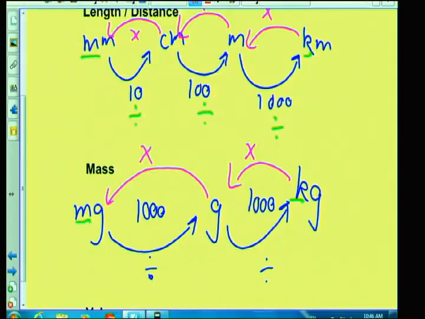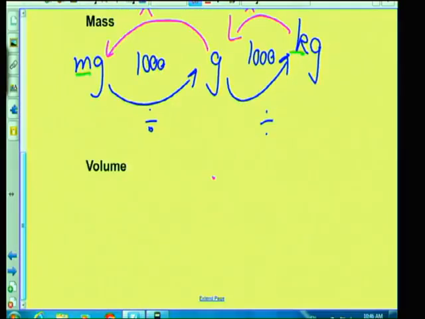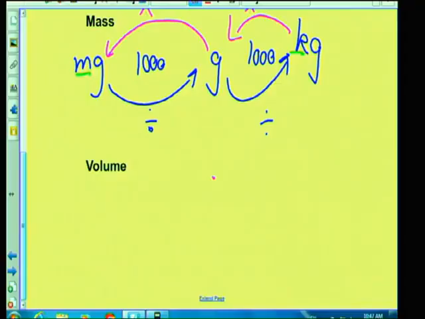Okay. Now, the next thing is volume. Now, there were 2 ways of measuring volume. It depends on what you're measuring. Usually if we're measuring liquids and we're measuring things that can pour and have capacity, that fill an object, that sort of measurement, we use the following system. We say we've got milliliters, and we've got liters, and we've got kiloliters.